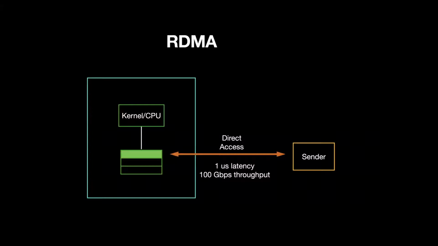Due to this, it provides very good latency, in single digit microseconds, and it also provides very high throughput. I think the 100 gigabits per second is something that RDMA provides in an InfiniBand setup.